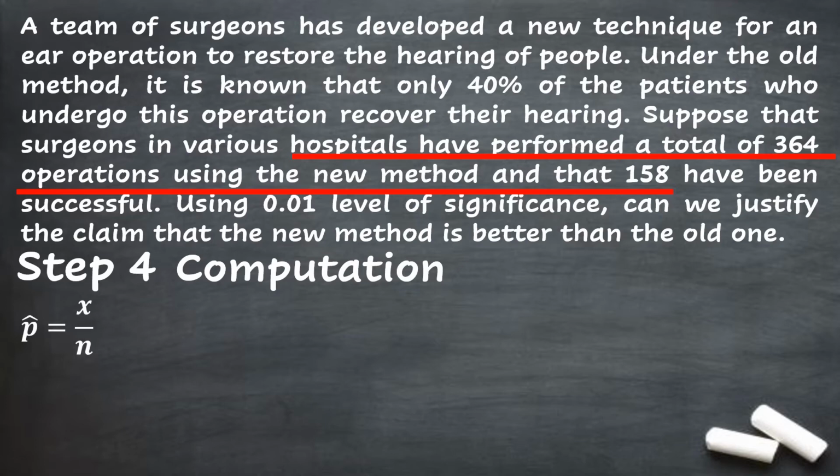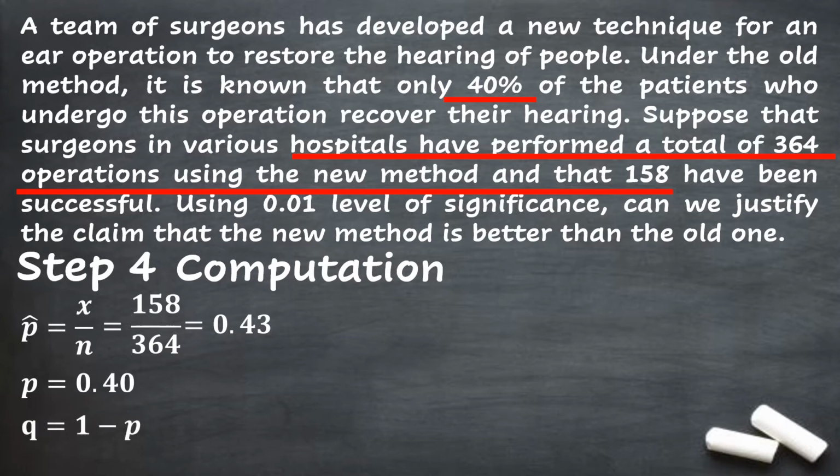So the sample proportion is equivalent to 158 over 364. Rewriting the fraction into its decimal form, 158 over 364 is 0.43. For the population proportion, we have 40%, so that is 0.40.